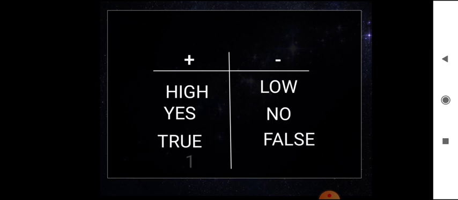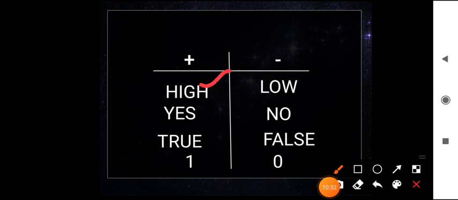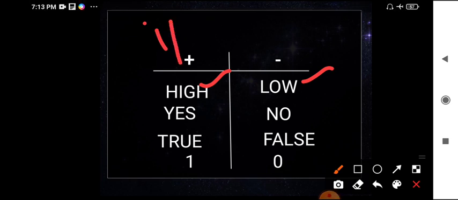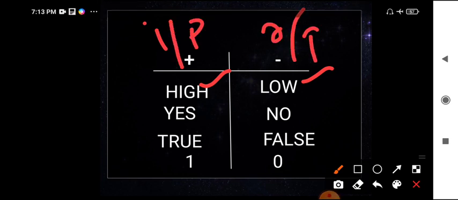So whatever the input is, it will change into the opposite. Generally that function is shown here. See, if we are giving a high signal, I will get a low signal output. This is the input and this is the output.